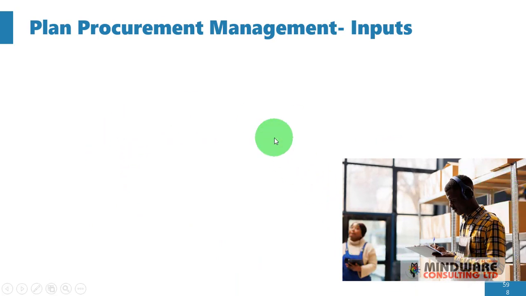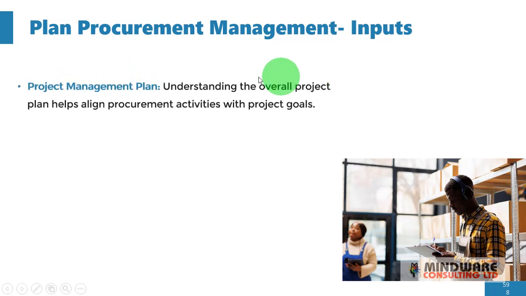Now, what are the inputs for plan procurement management? Firstly, we have the project management plan. Understanding the overall project plan helps align procurement activities with project goals. Before you start planning, you have to have the project management plan, the overall plan for the whole project.